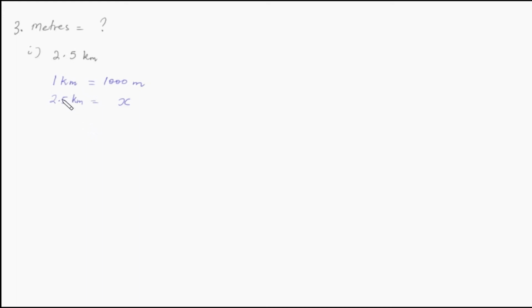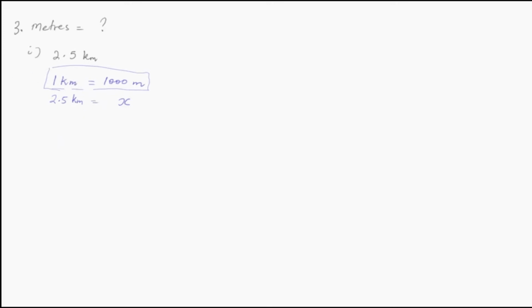So make sure that kilometers are on one side, meters on the other side. Okay? So the standard conversion here will guide you. You need to remember this. Now what we do here is just to cross multiply.